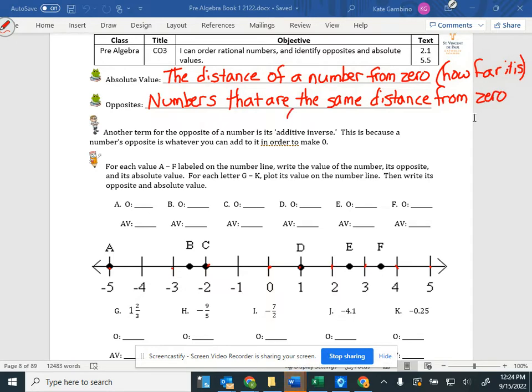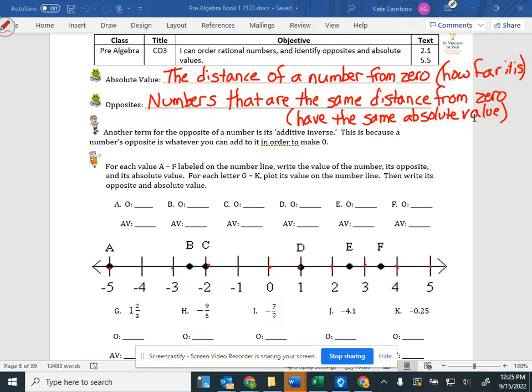So they have the same absolute value. So when I was talking about -5 being 5 away from 0 and 5 being 5 away from 0, they are opposites of each other because they are both 5 away from 0. So -5 and +5 are opposites of each other.